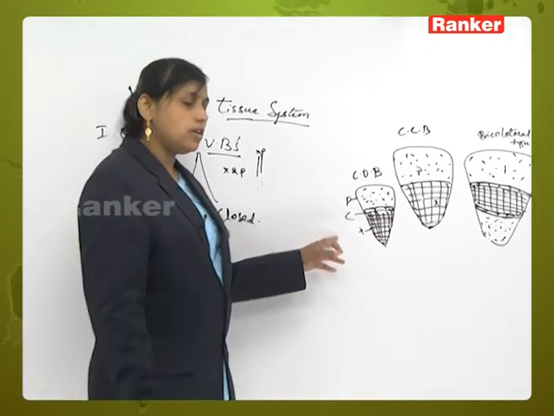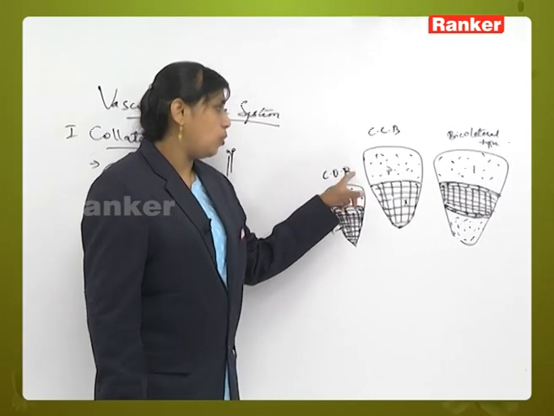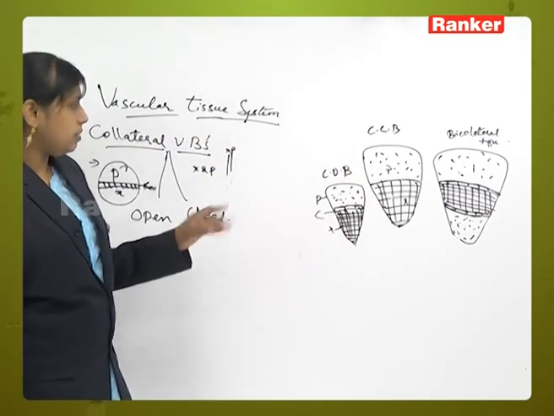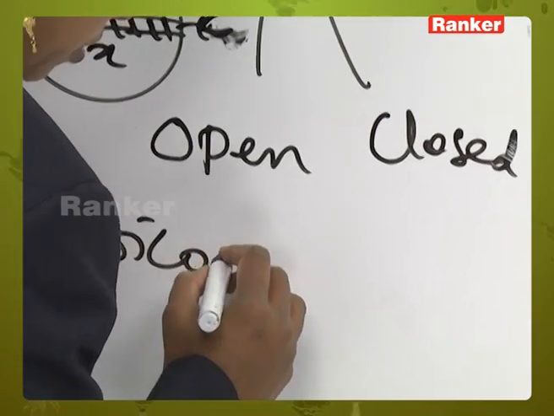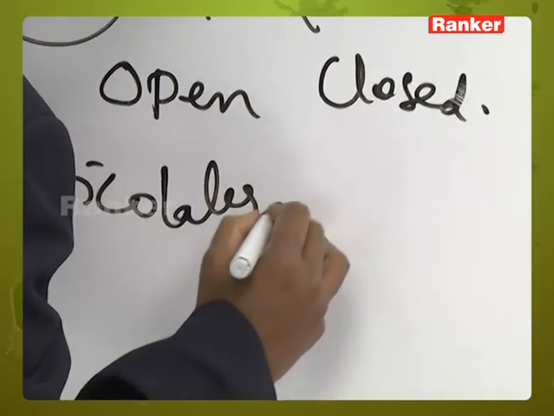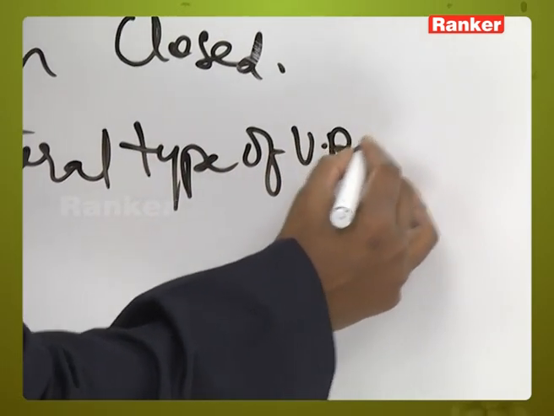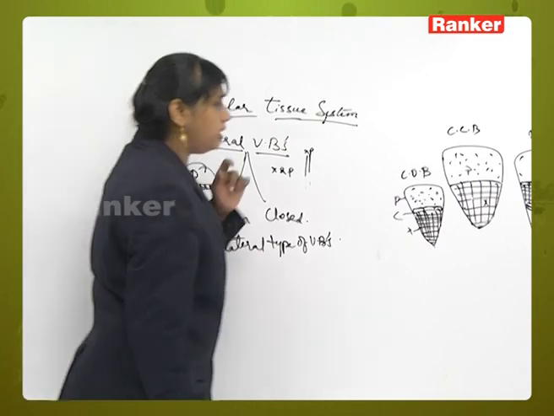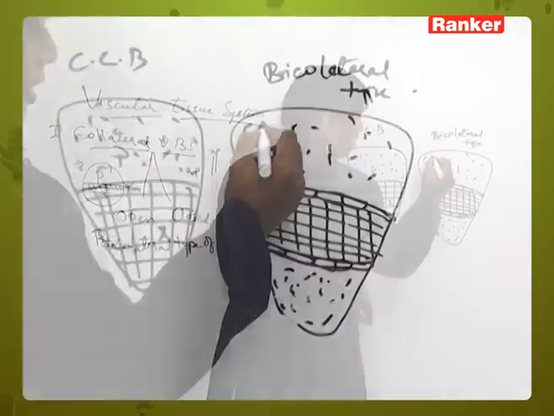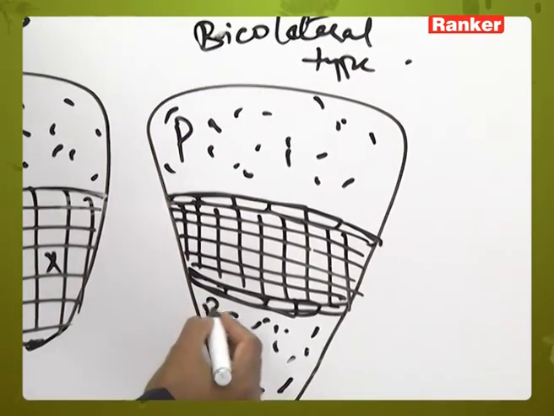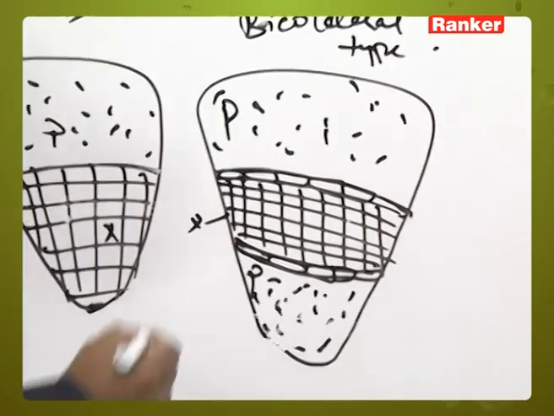So because of the presence of cambium, it is a collateral open vascular bundle, and in some cases you will also see the bicollateral type of vascular bundle. As the diagram depicts, this is phloem, this is phloem, and in between them there is a net-like structure we have drawn, that is xylem.